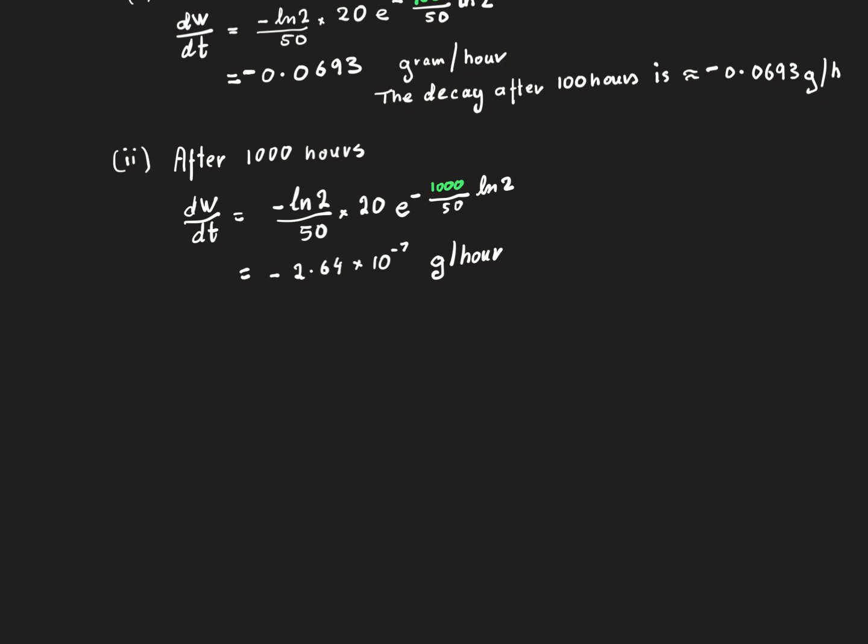And we can conclude that the decay after 1000 hours is minus 2.64 times 10 to the minus 7 grams per hour.